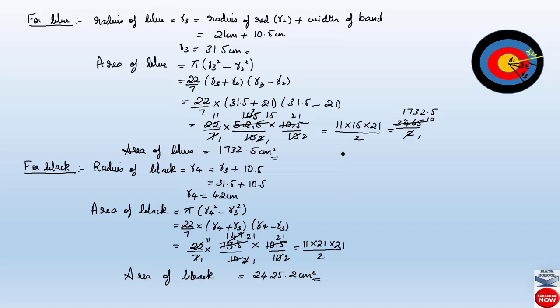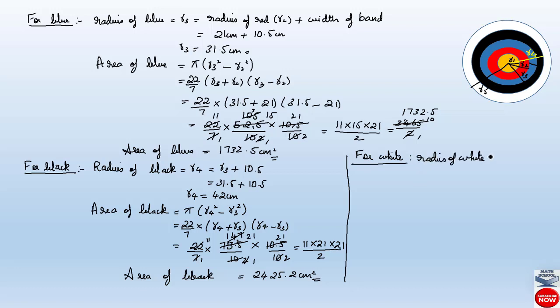Now similarly, let us find the area of the white region. This is the last region, for white. Let us take the radius of the white region to be R5. So write down radius of white is equal to R5, which is nothing but the sum of the radius of the black region plus the width of the band.